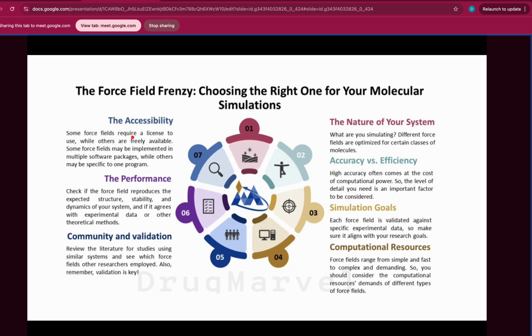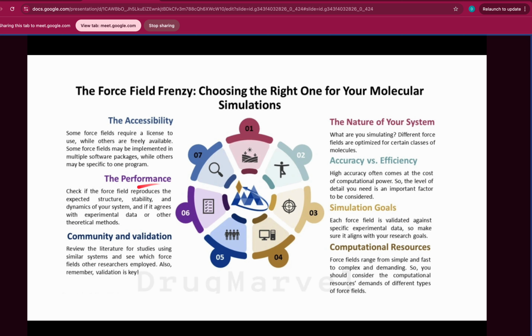There are some force fields which require a license, so because freely available force fields are accessible, we need to proceed with those. Some force fields may be implemented in multiple software packages while others may be specific to one program. For example, if you are using GROMACS to perform MD simulations, then there is some limitation: only a limited number of force fields can be used there. So that is also limiting your accessibility. Based on accessibility, you will choose the force field.